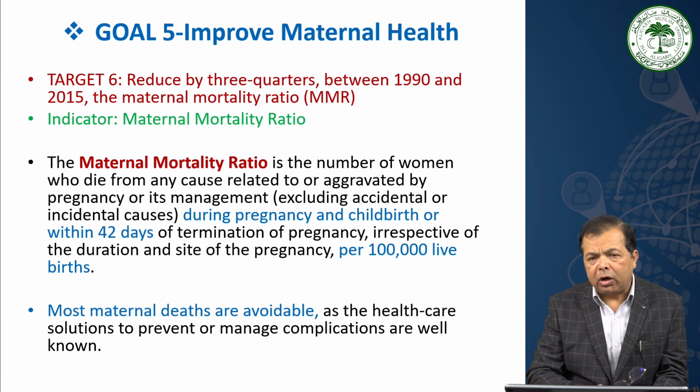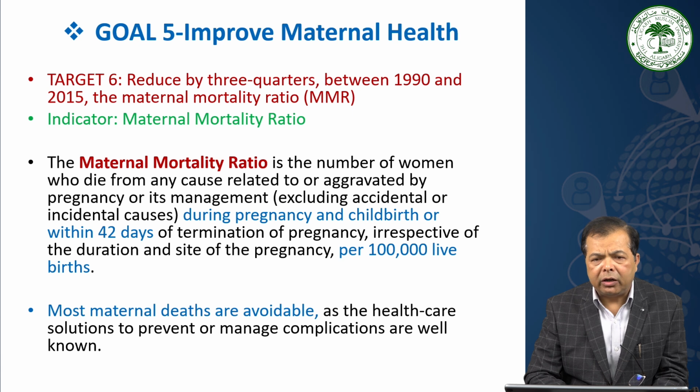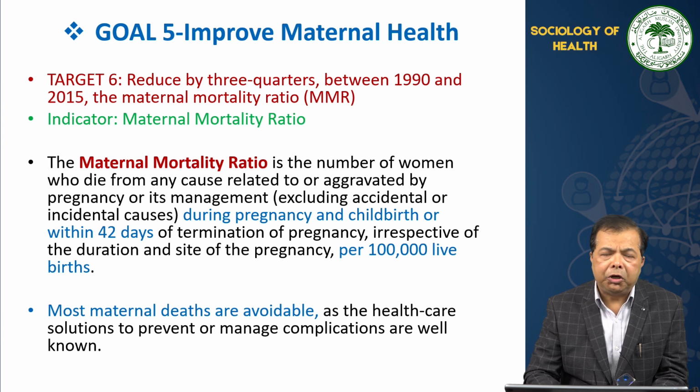Now, there are 2-3 important things when we talk about the maternal mortality ratio. The first thing is that the denominator is per 100,000 live births. It's not about 100, it's not about 1,000, it's per 100,000 live births. The second important thing is that we are talking about the death of the mother during pregnancy and childbirth or within 42 days of termination of pregnancy or the delivery of the baby, right?